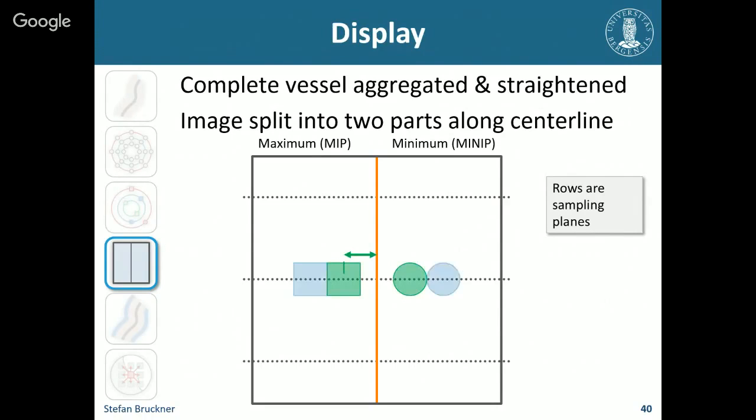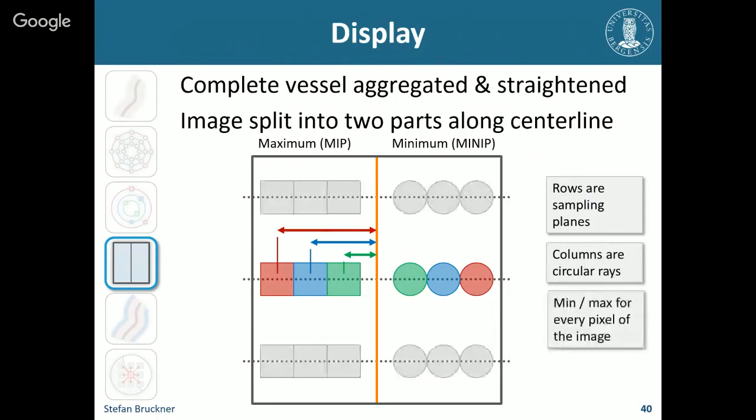And in the columns, we present the data values that we have aggregated along progressively larger radii. And since the min and max operations are order independent, we can split the image in half and show the maximum on the left side and the minimum on the right side.